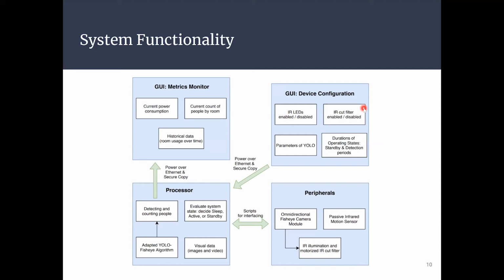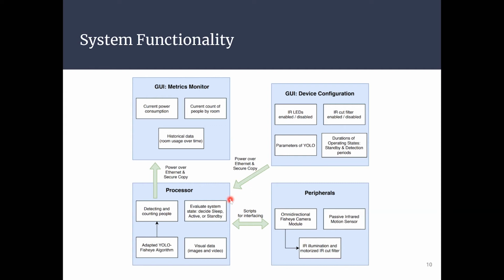Furthermore, this device configuration includes configuring the camera. The camera has to have daylight and nightlight capabilities, so we need to focus on whether we want to enable the extra lighting or disable the filter for the optimal view from the camera. This information is sent via a secure protocol to the processor.